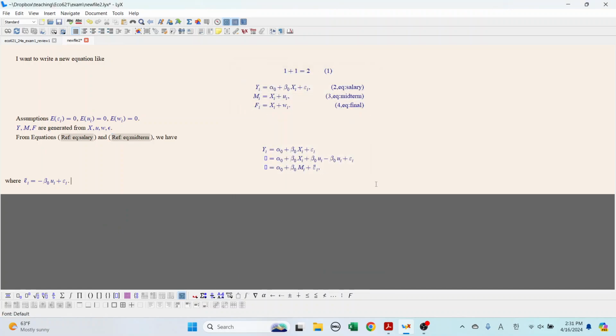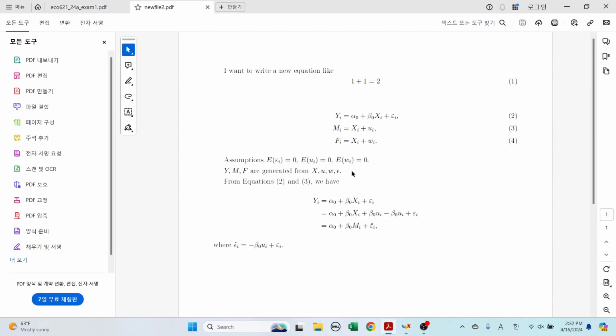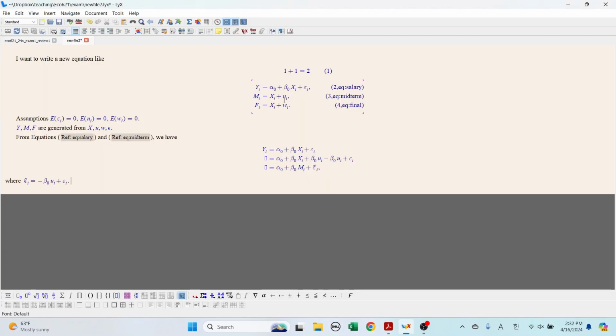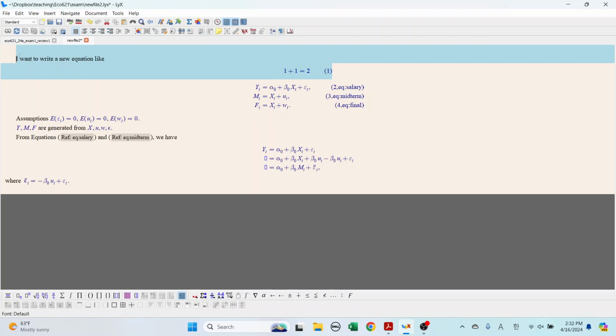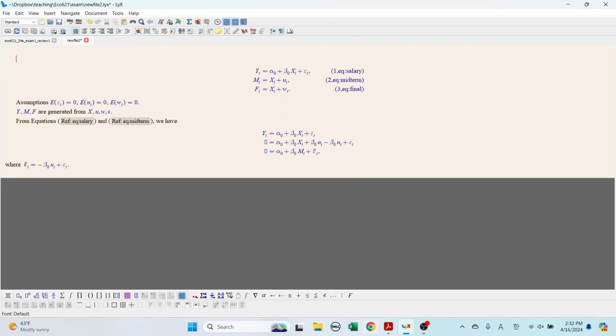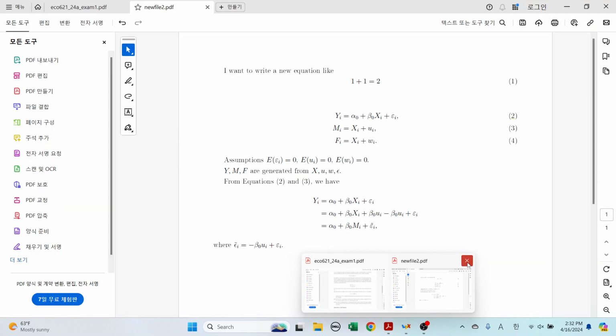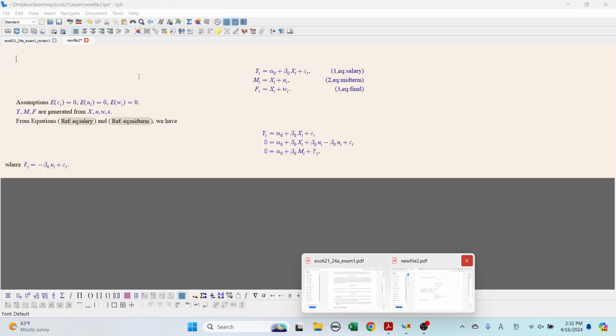the midterm equation. Okay, let's see what happens if you compile by pressing here, Control R. So you have number 2 and number 3 correctly from these two types. Okay, and so let's see what happens if you erase the equation. I will erase, close that.